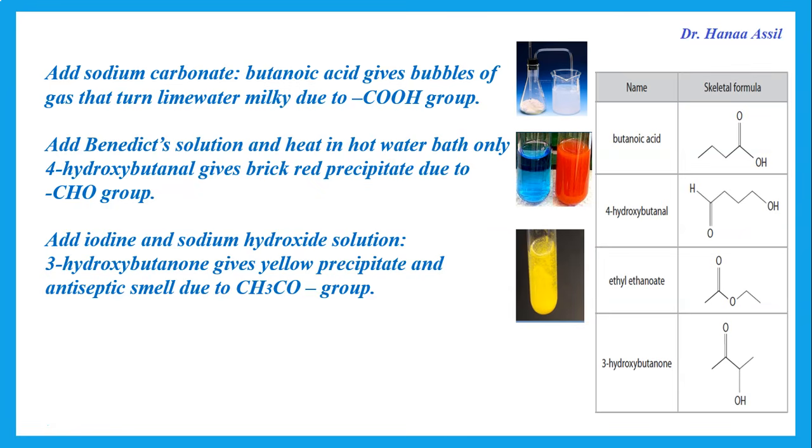So this group would give a positive result with the iodoform test. And of course, the one that does not do any of these reactions is ethyl ethanoate. The ester does not do any of these reactions.